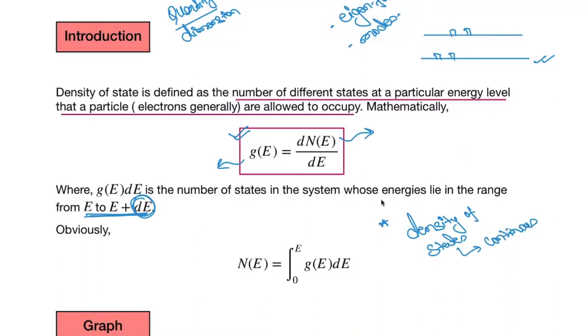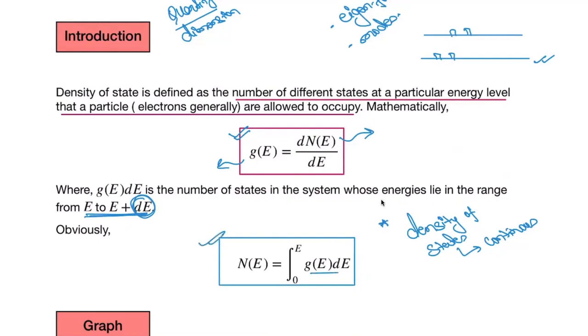This is what we need to assume. So in the following derivations also, we will take the value of volume, area, or L in such a way that the density should be continuous, right?